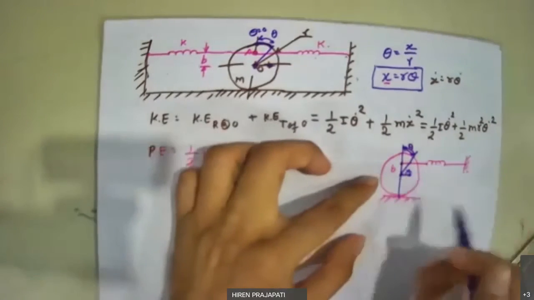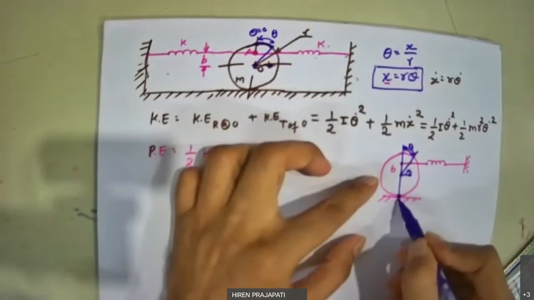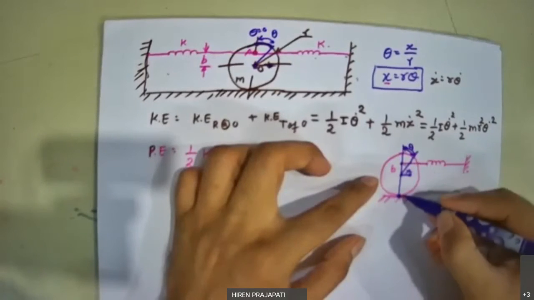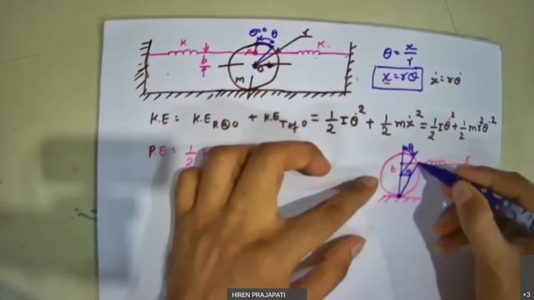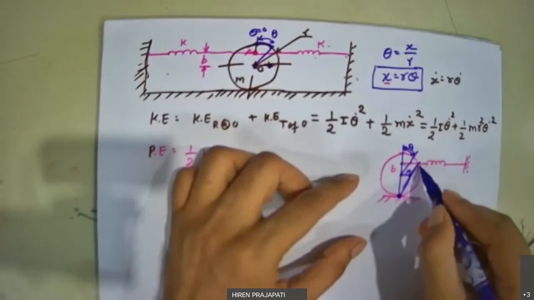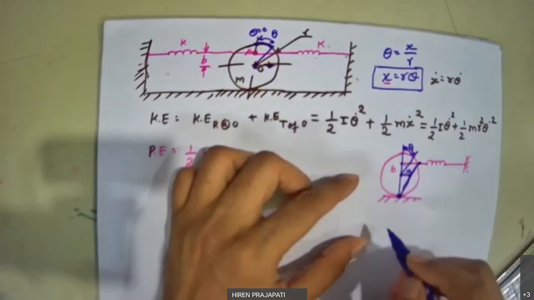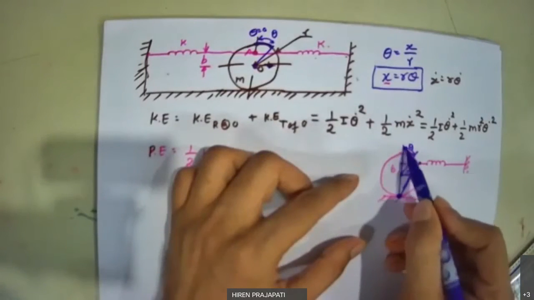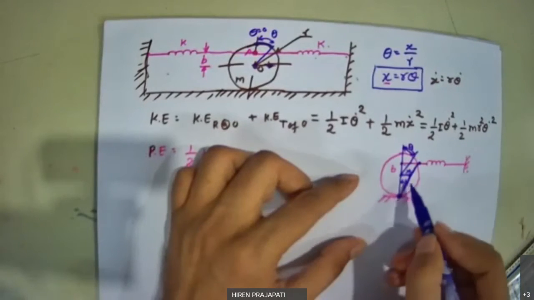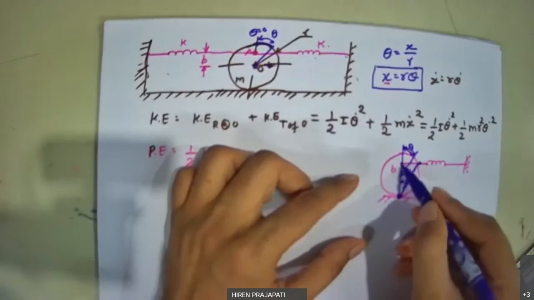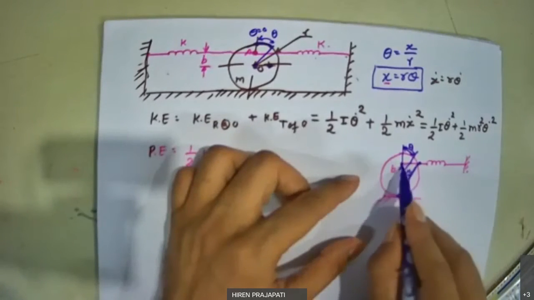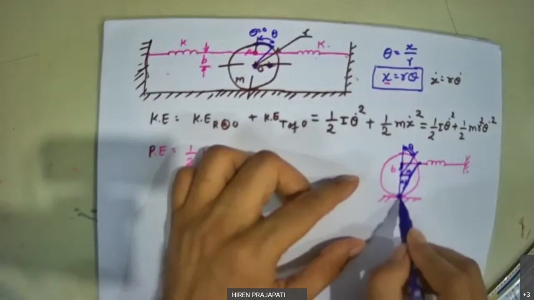But the disk is rolling on the surface, so the actual deflection of the spring is with respect to this rolling point, right? So how much is the deflection of the spring now? Because this theta is the same as this theta, right? Then how much is the distance of this spring connection point from the rolling point?